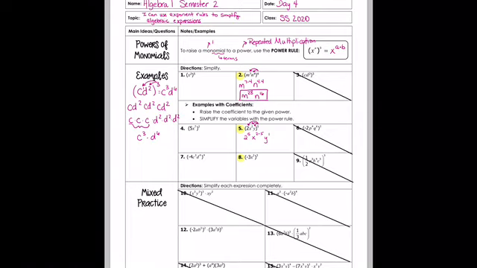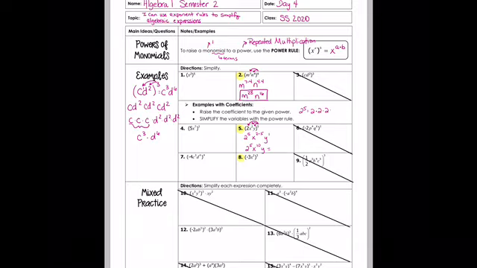2 to the 5th power with constants, you could just leave it, and then x to the 10th and y, or you can evaluate that 2 to the 5th power. 2 to the 5th power means 2 times 2 times 2 times 2 times 2.